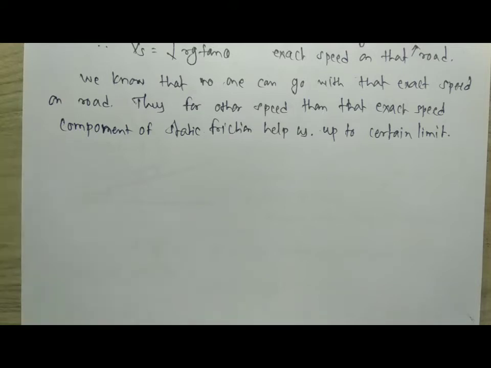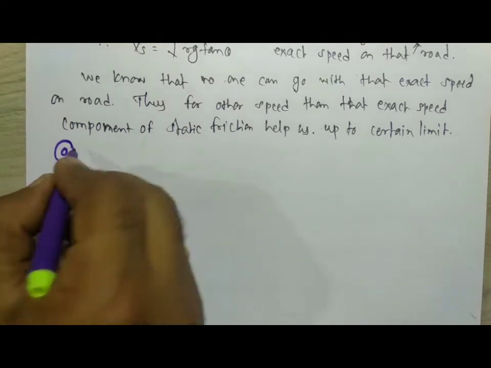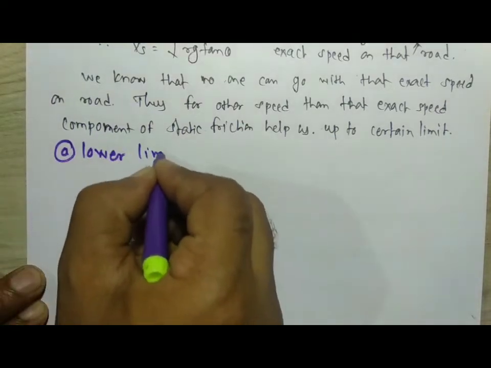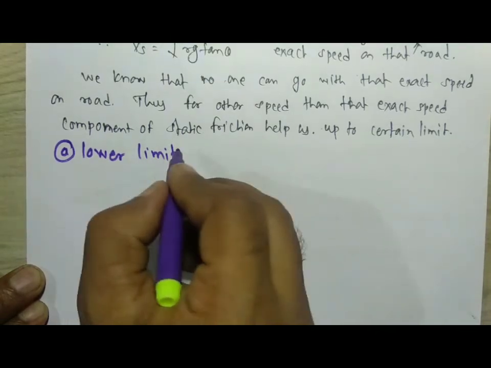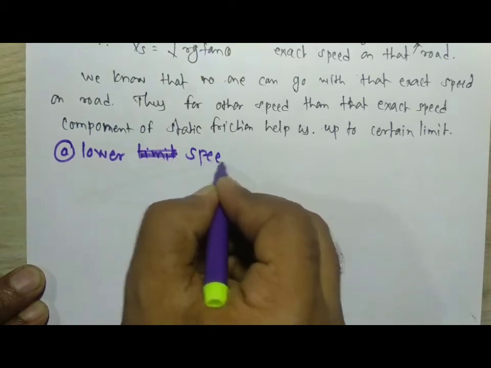First of all, we are going with the lower limit of the speed. Let us consider point A is here, the lower speed limit.